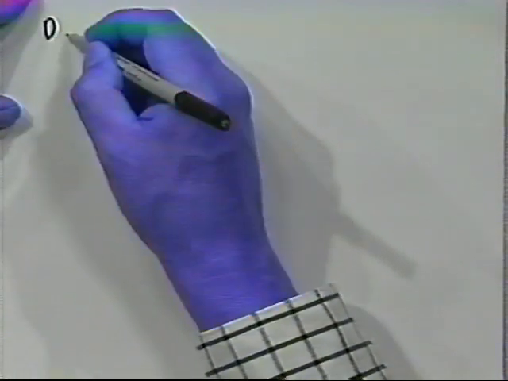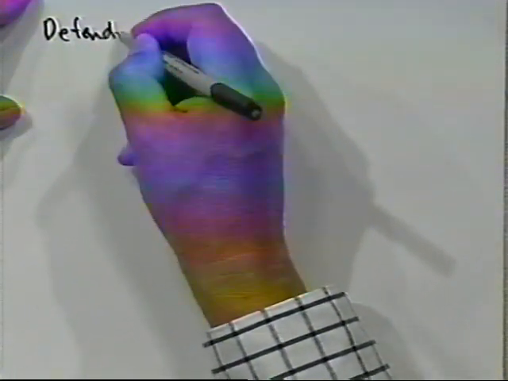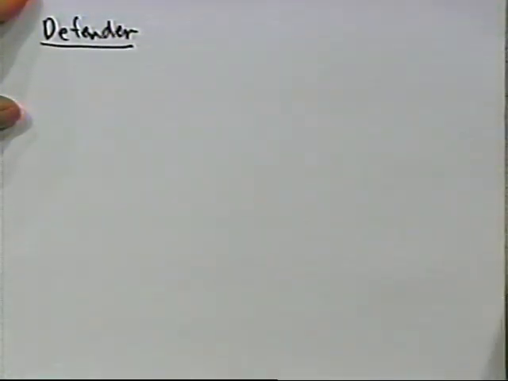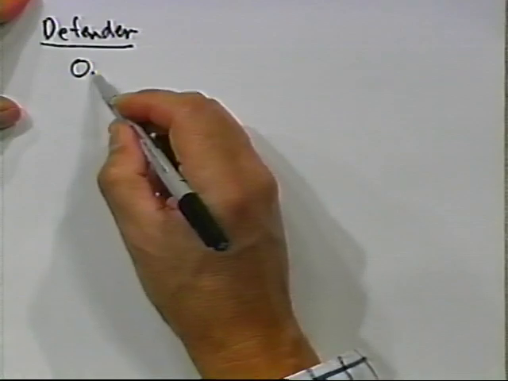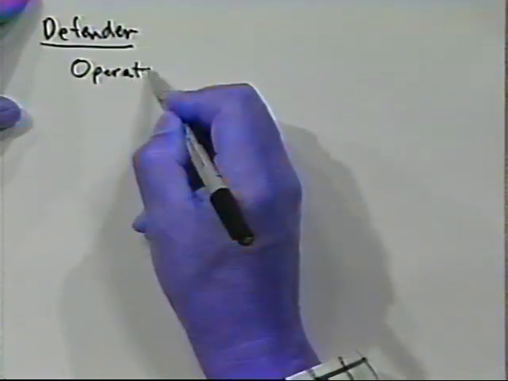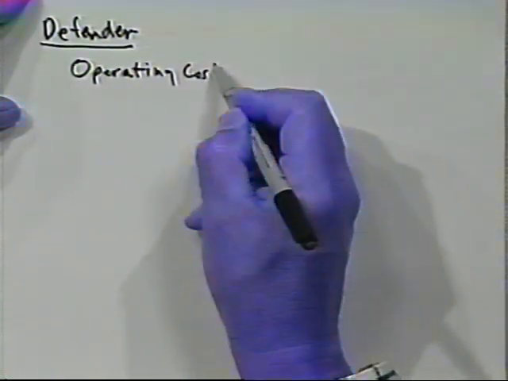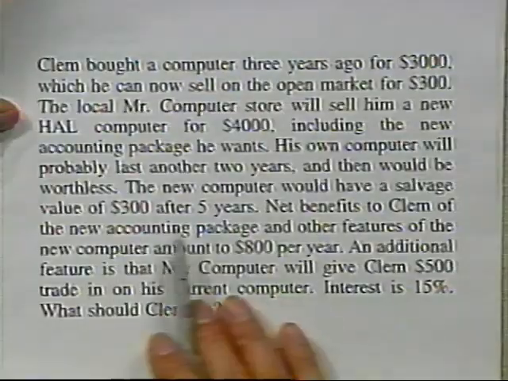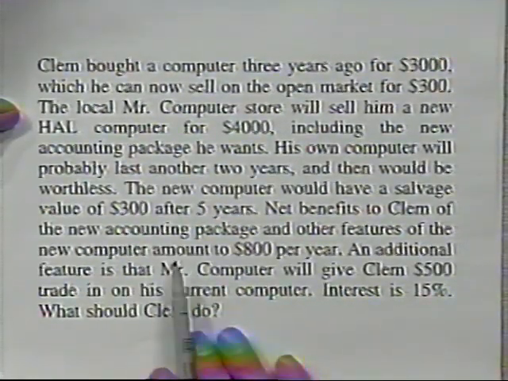Now, we've got a Defender, which is the computer that Clem currently has, and a Challenger, which is the one he's going to buy. I'll break the cost down again into operating costs and capital recovery.